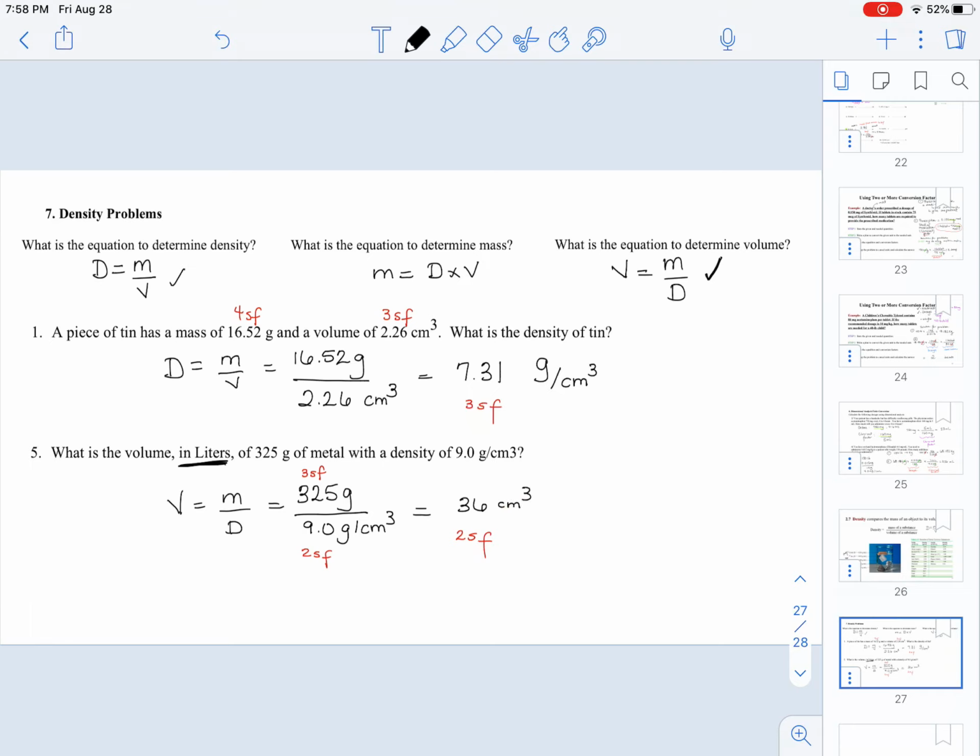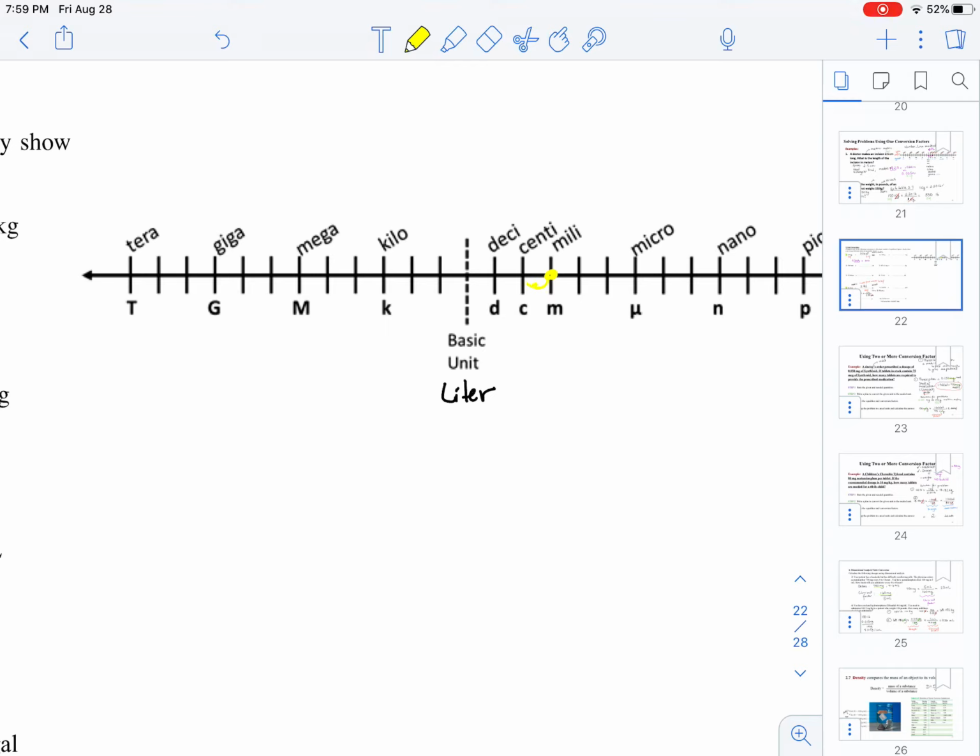So we're going to be moving that decimal place 1, 2, 3 to get to liters. If we go back to our problem, if I take 36 and move that decimal place 1, 2, 3, this is where the decimal place is going to be now.